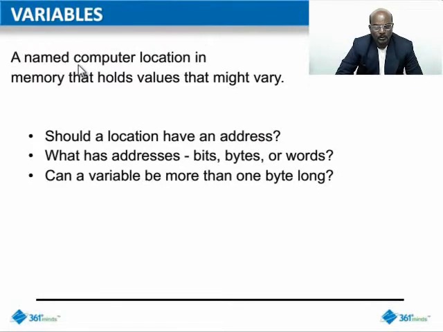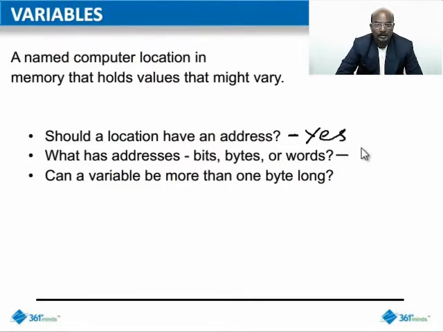A named computer location in memory that holds values that might vary is called a variable. When I declare a variable, it is stored in the memory at a particular address. So, according to what I said, should a location have an address? Yes. What has addresses? Is it bits, bytes, or words?